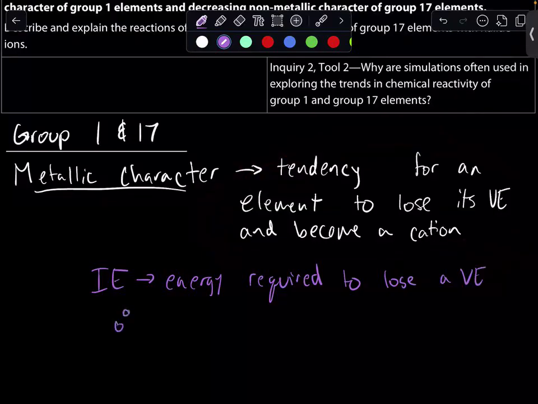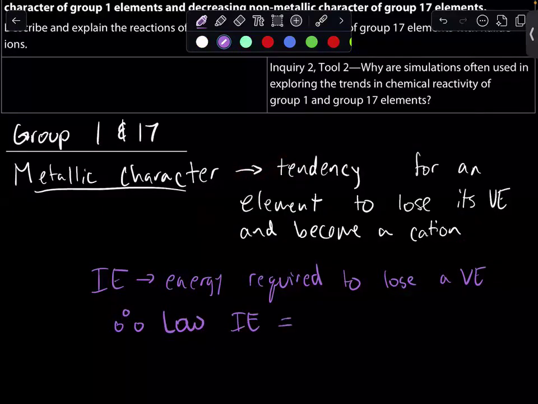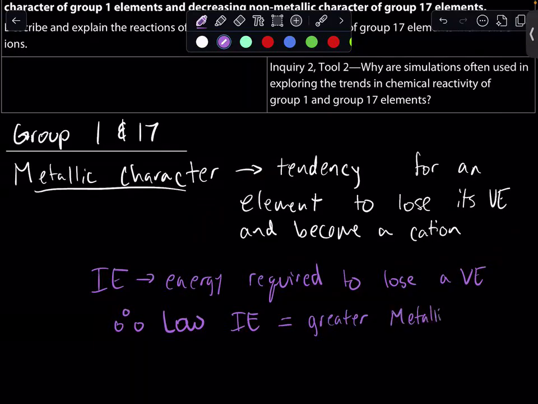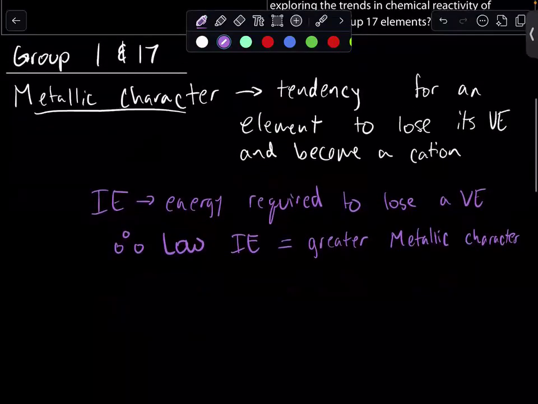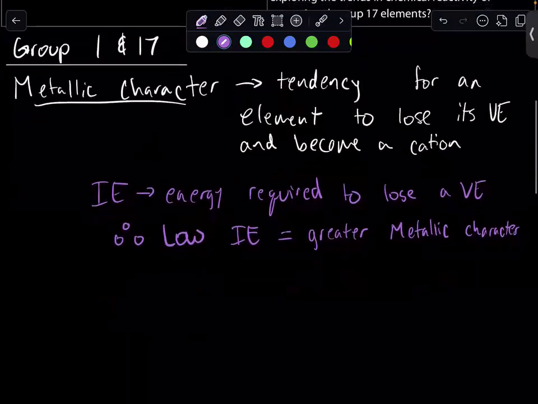Therefore, if we put these two things together, a low ionization energy, meaning it takes less energy to remove that electron, is proportional or equivalent to a greater metallic character. So when they are very easy or very good at losing those electrons, they are more metallic. And that can be described with the ionization energy we learned in the previous lesson.